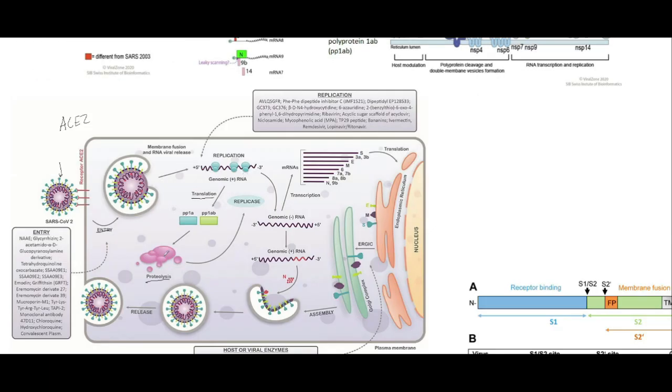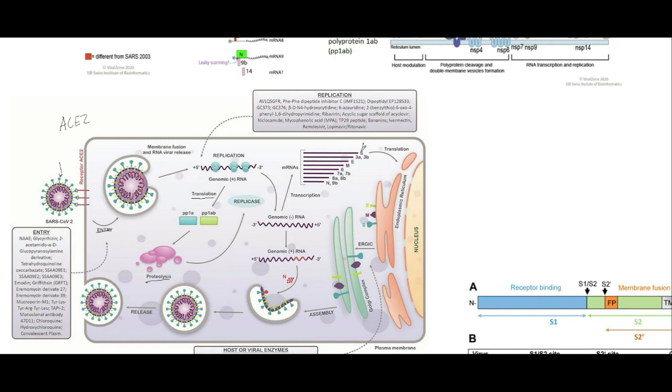And then those form this complex called a replicase, which then can replicate the mRNA, the viral genome, and so you can generate multiple versions of the viral genome. And the mRNAs from that can also be translated.